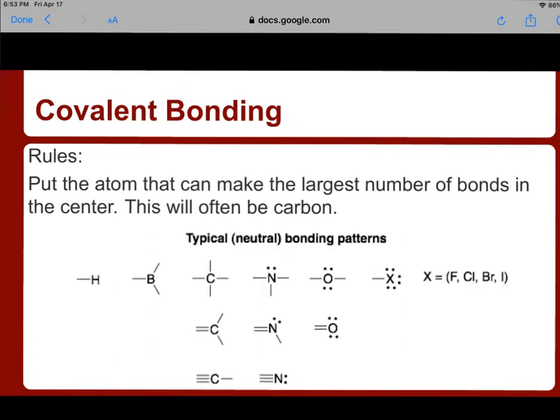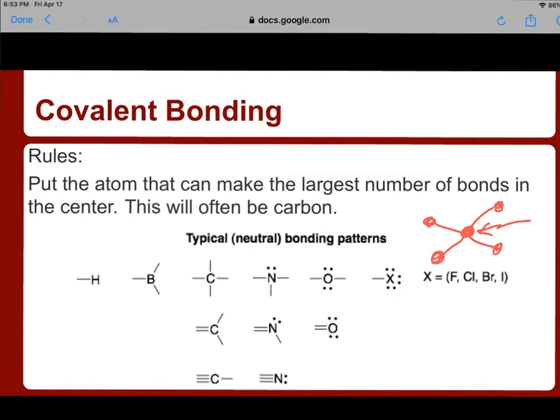Okay, so how do we use this to make structural formulas? The first thing you need to know is that for a lot of these Lewis dot structure problems, you're going to have one atom in the middle with other atoms branching off of it. So which one do I make the middle atom?